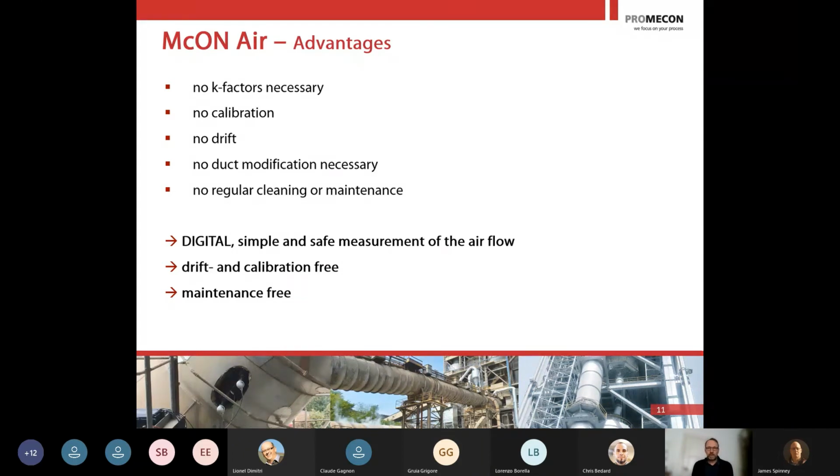It can usually be applied to the normal duct configuration, so you don't have to put in orifices or venturi tubes or anything like that. No additional tubing there. It is maintenance free, so you don't have to do regular cleaning or maintenance on the sensors. So it's a digital, simple, and safe measurement of airflow, and of course of combustion gas, drift and calibration free and maintenance free.